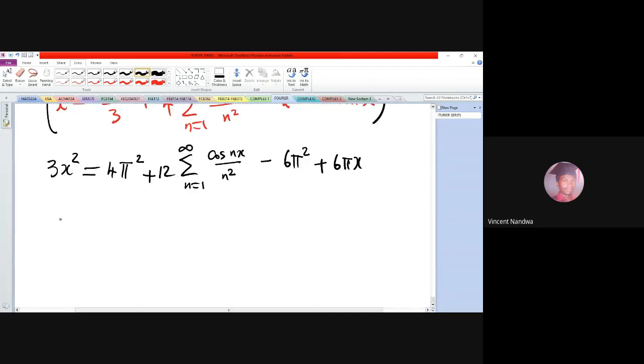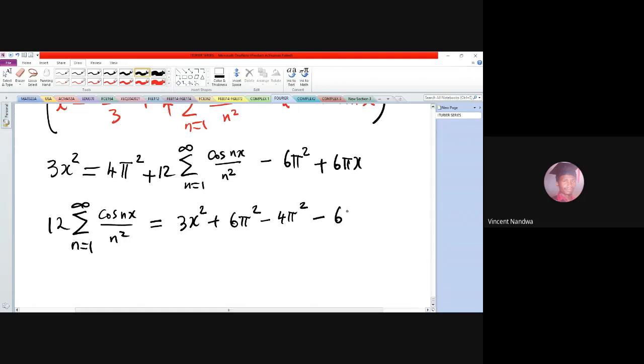So that now, this and this one are like terms, so I have 12 summation n from 1 to infinity of cosine nx over n squared equals 3x squared plus 6 pi squared minus 4 pi squared and then minus 6 pi x.